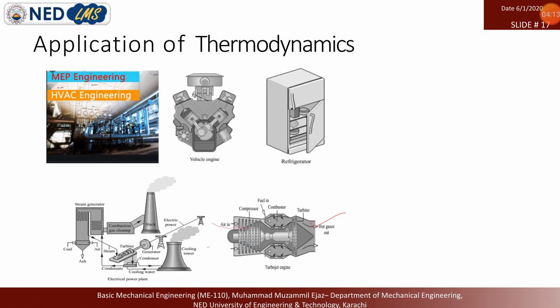Simply, air comes into the compressor and goes into the combustion chamber, that compressed air combusts and produces high temperature and pressure, and that high temperature and pressure runs the turbine, and the remaining hot, high temperature and pressure gases go out from the nozzle and produce thrust, and this thrust is responsible to move the plane. So it is an application of thermodynamics. There are many other applications like this.